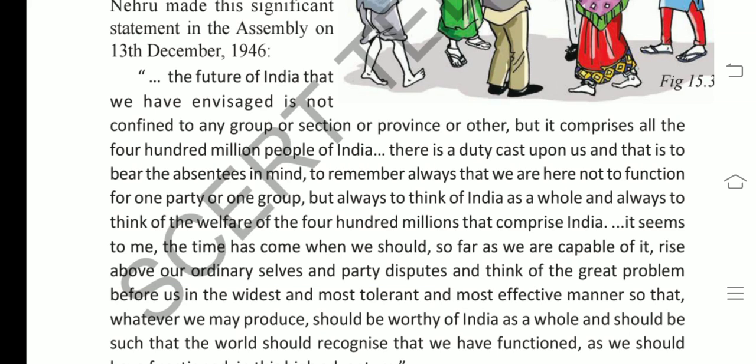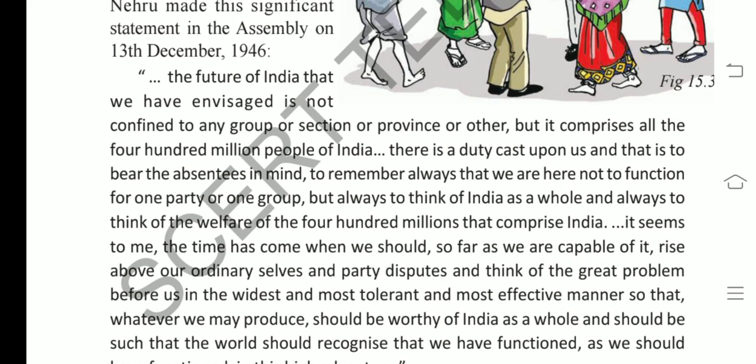The majority of the members in the Constituent Assembly are from the Congress party, so they should not work for the Congress party, or only for the major communities, that is Hinduism, Islam, Sikhism. All the members should think of India. Think of India means think of the 400 million people which comprise India.